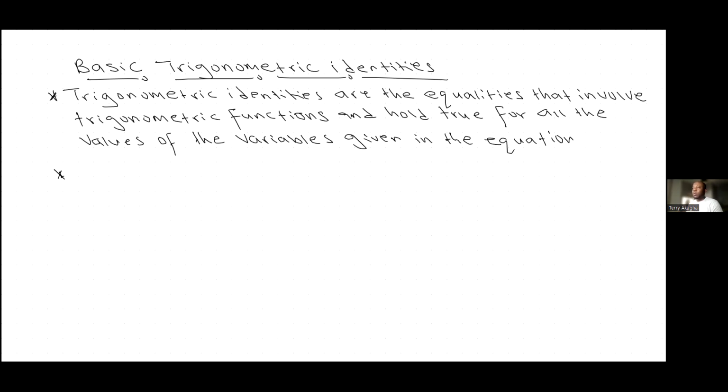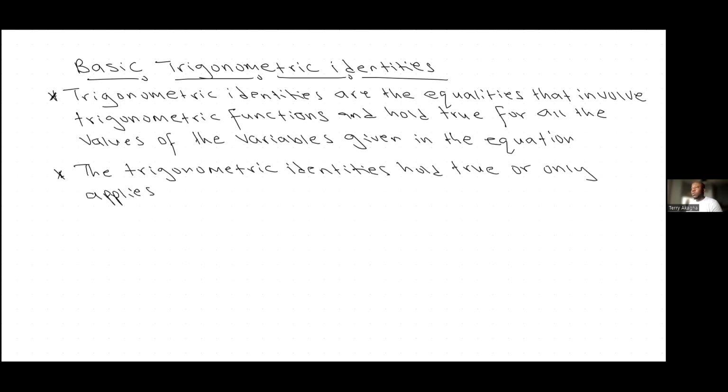Okay, so the trigonometric identities hold true, or you can say only apply, to right angle triangles. So only the right angle triangle that it applies to.